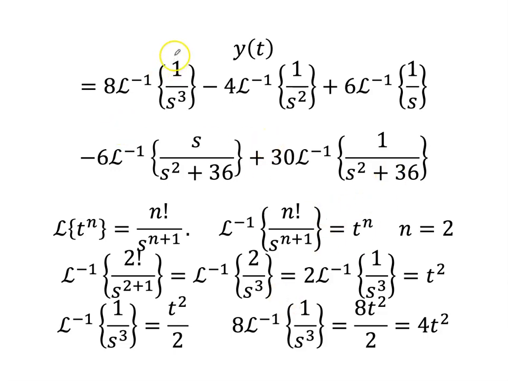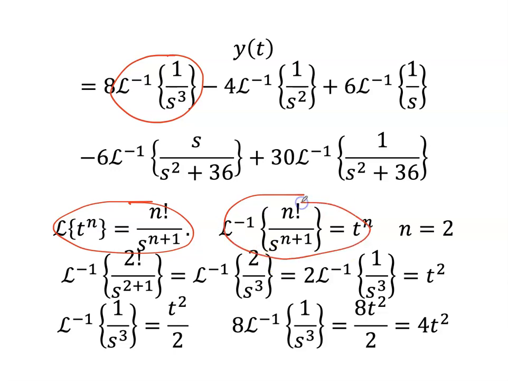Okay, we're making progress. We need to find the inverse Laplace transform of 1 over s cubed. So we use this formula with n equals 2. The inverse formula is: the inverse Laplace transform of n factorial over s to the n plus 1 equals t to the n. Plug in n equals 2, and you get the inverse Laplace transform of 2 factorial over s to the 2 plus 1.